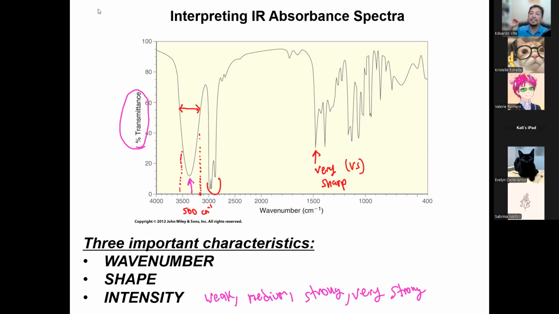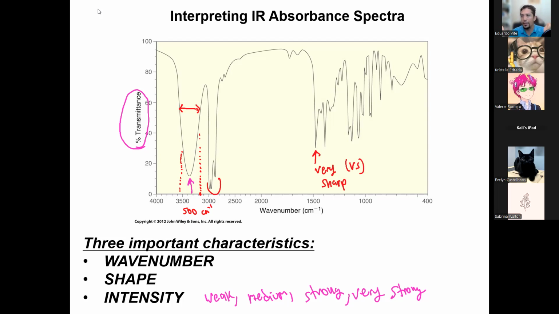How much of the light is getting through? If 0% of the light is being transmitted, that means 100% of it is being absorbed. And when you absorb that light as a molecule, that's what you use to fuel your vibrations. So you will see some IR spectra that, instead of percent transmittance, have absorbance, and that's why they're upside down.